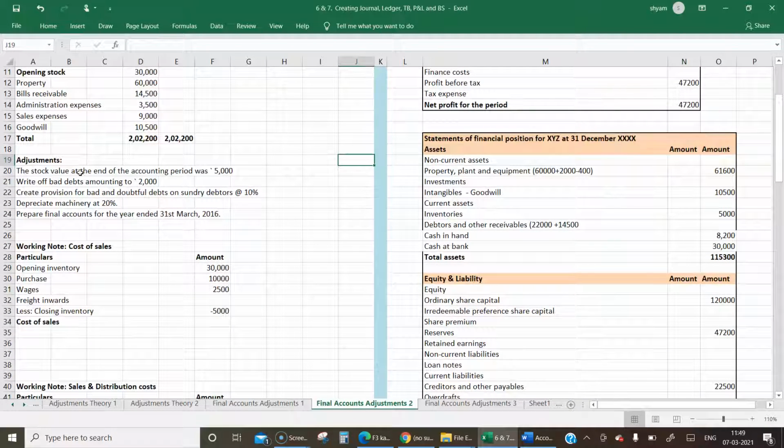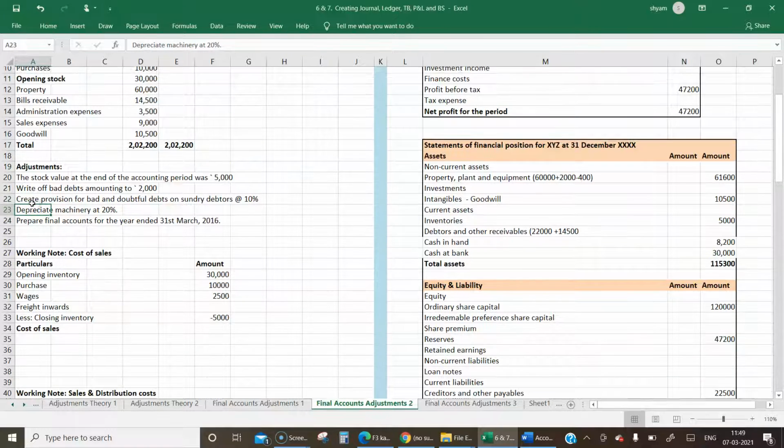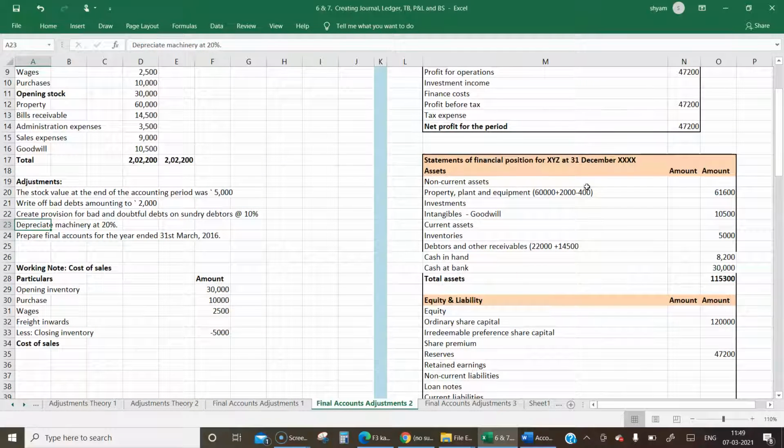So if we see here, we have taken the closing stock twice, one in cost of sales and the other in inventory value. And we have yet to take write-off and provision. We have already done depreciation, but only once. So we have taken minus 400 here.